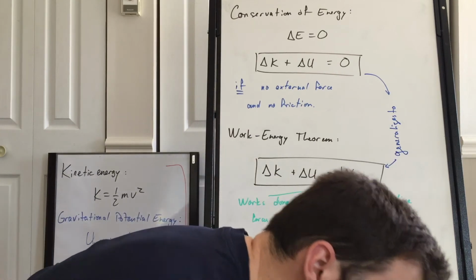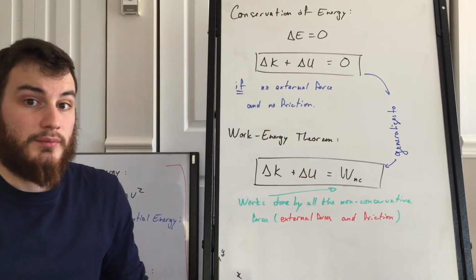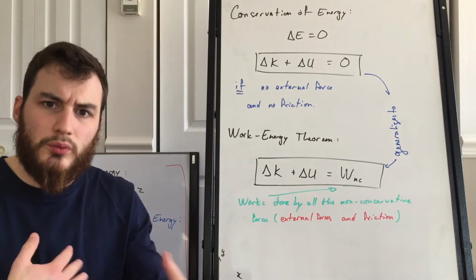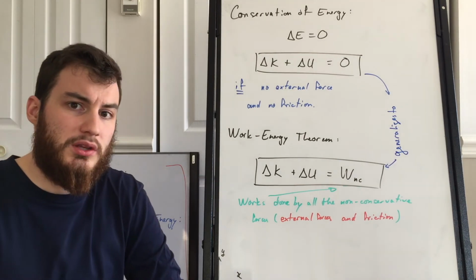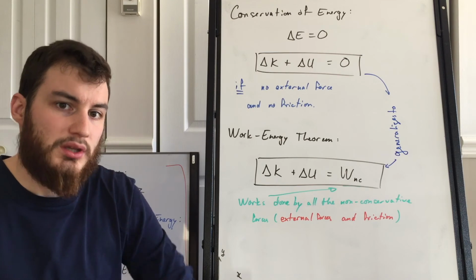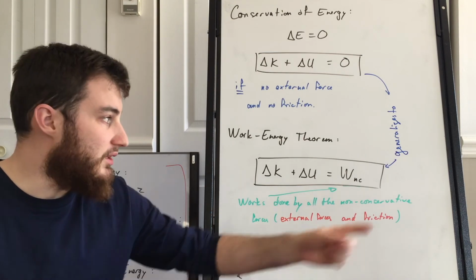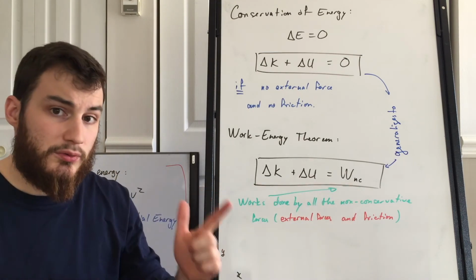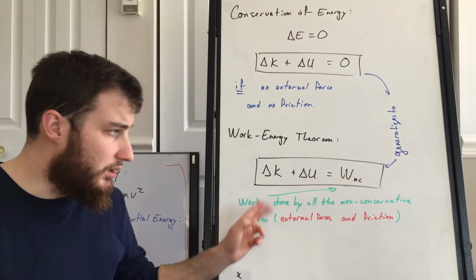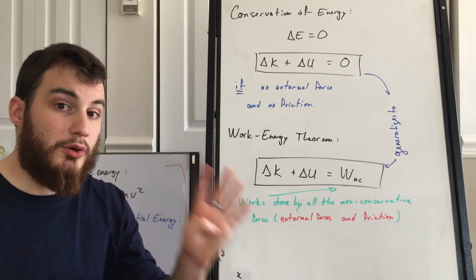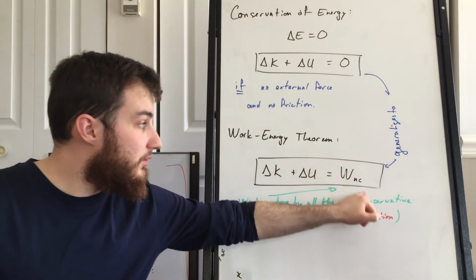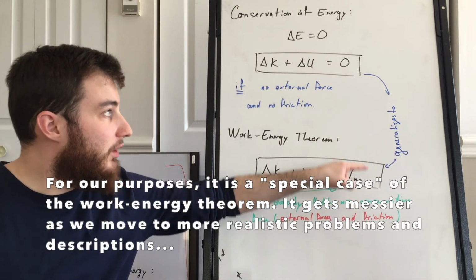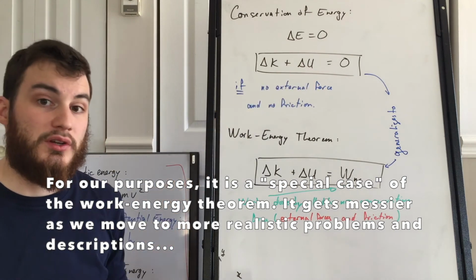So here's my advice for whenever you solve a conservation of energy or a work-energy problem: you start with writing down the work-energy theorem, and then you ask yourself, is there an external force? If yes, you keep this form. Is there friction? If yes, you keep this form. If you have no external force and no friction, this goes down to 0, and you have the special case of conservation of energy.